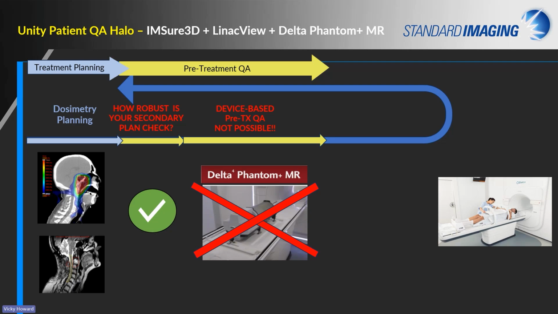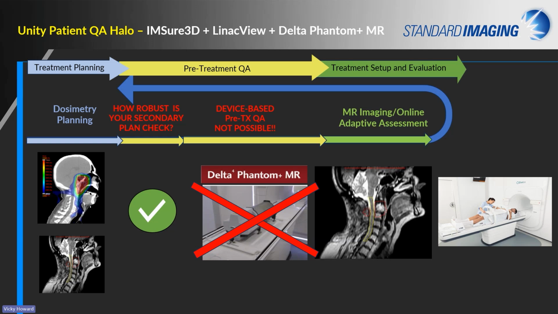So really, you are totally reliant on your secondary plan check, and you want that to be a very robust plan check. It should be as equally as accurate as your treatment planning system algorithm itself. Once the secondary plan check is approved, then it can move forward to the actual treatment delivery.